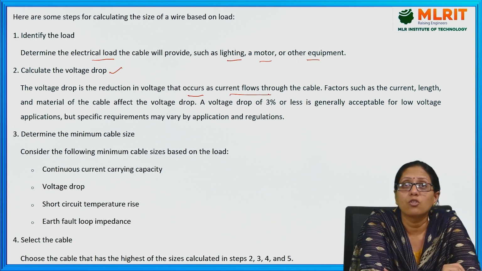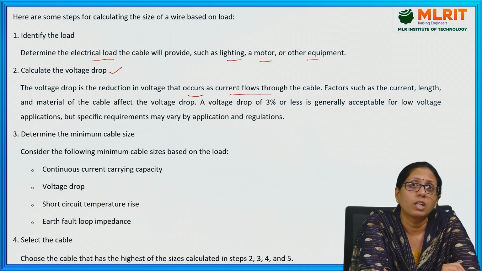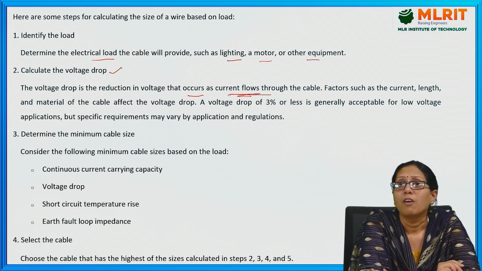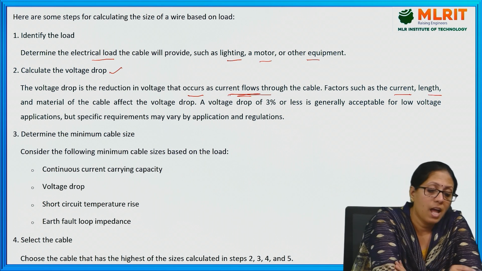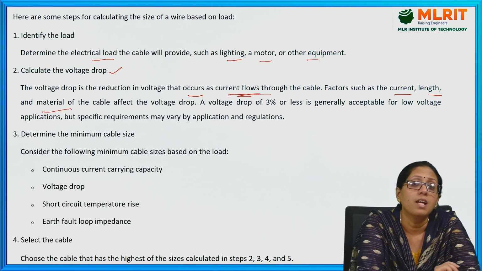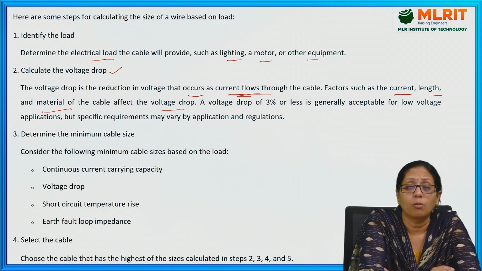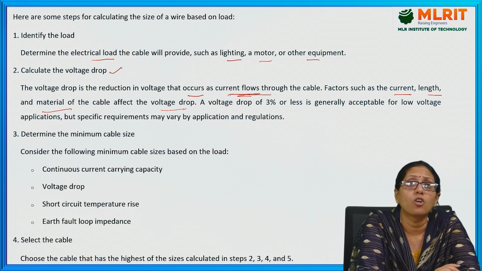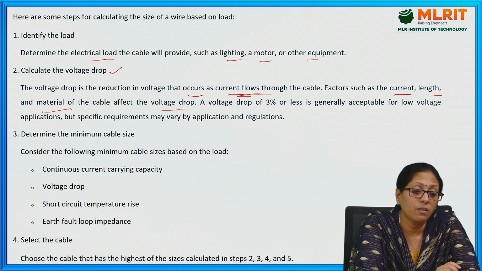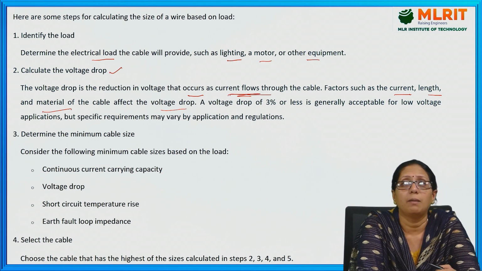Factors like current, length and material of the cable affect the voltage drop. So the voltage drop mainly depends upon the current, the length, and the material we are using for the cable.